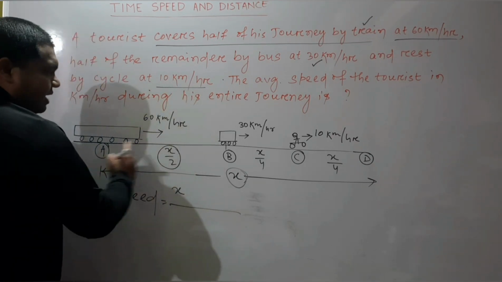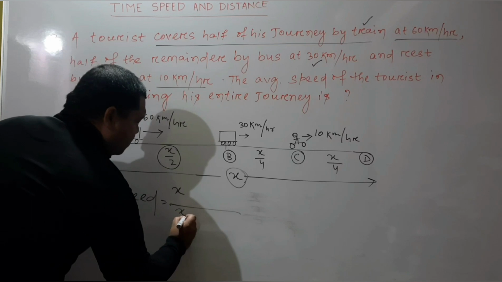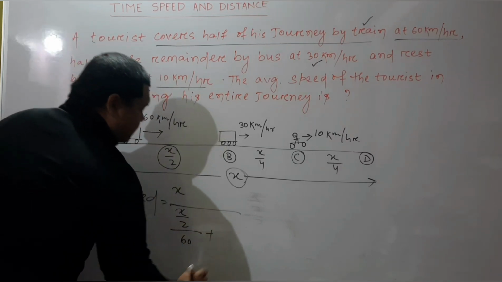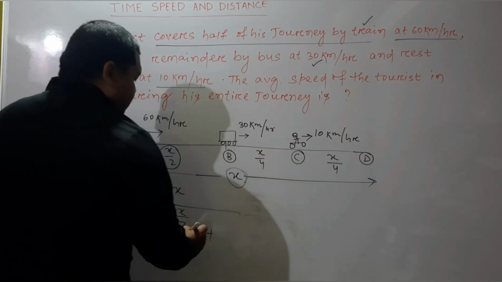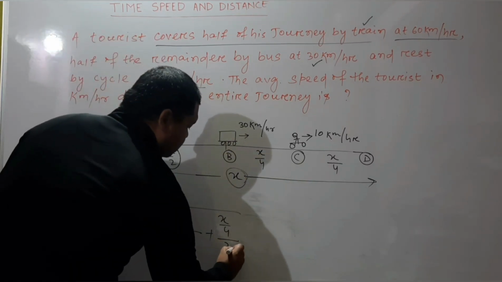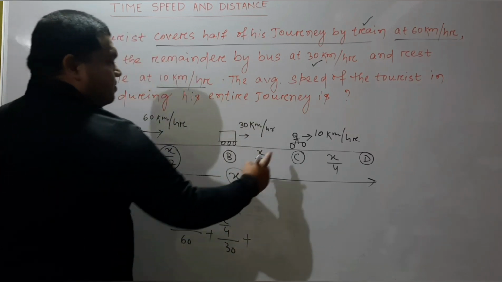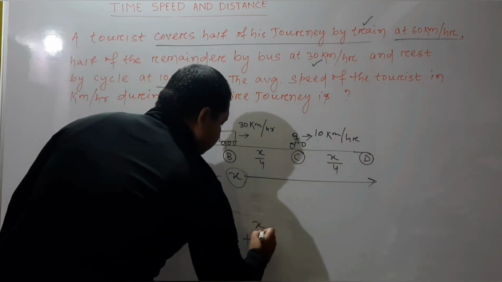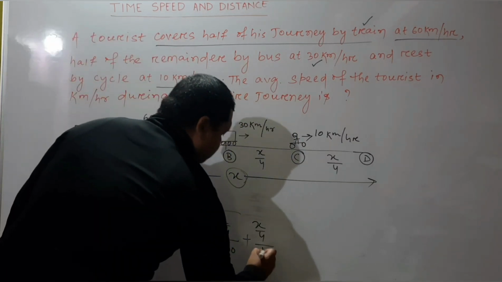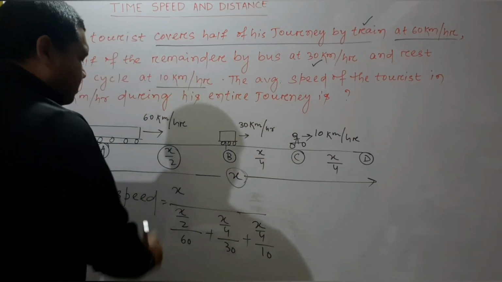So from A to B, distance is X by 2 divided by 60, plus from B to C, distance is X by 4 divided by 30, plus from C to D, again distance is X by 4 and the speed is 10. So here we have to calculate this one.